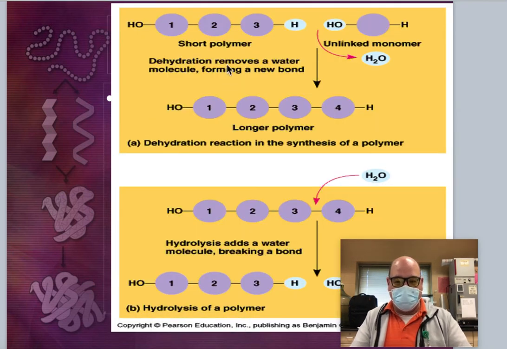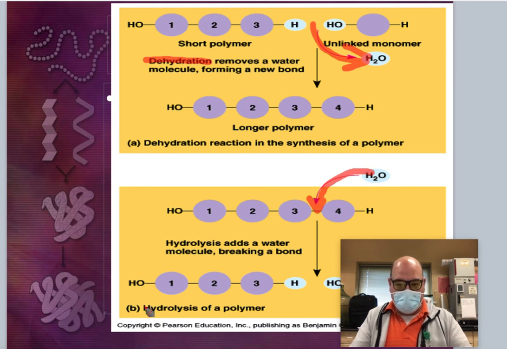Here's pictures of it, and you can kind of see the water coming out right here is going to be your dehydration or condensation reaction, and water going in right here is going to be your hydrolysis reaction. Okay, so look here. This one, it built together. Water out builds, water in cuts. Okay, so this is getting longer.